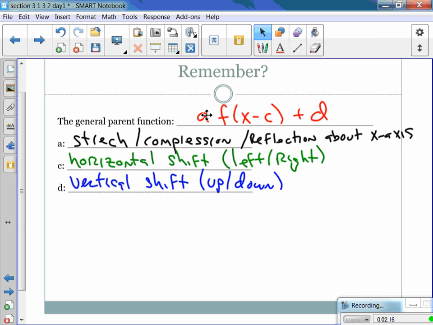Again, we've seen this before: the vertical and horizontal shifts, reflections, but now we're just applying them to our exponential.